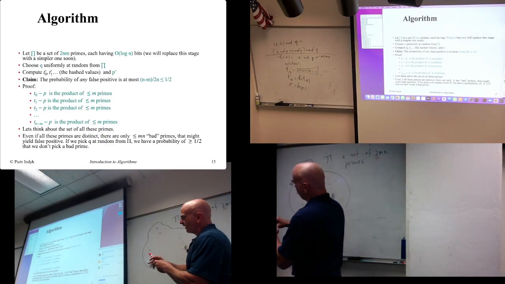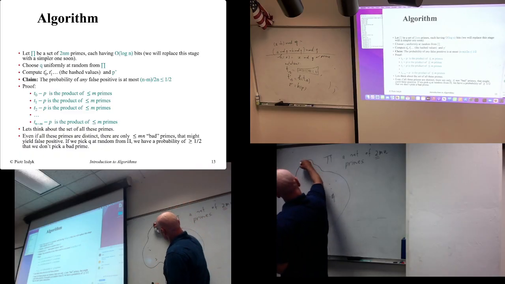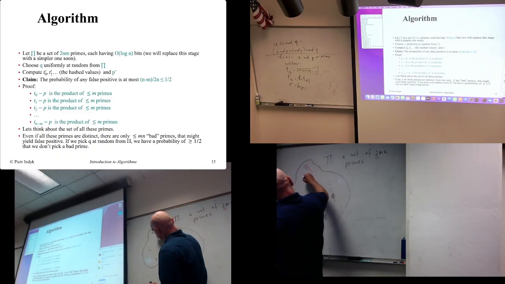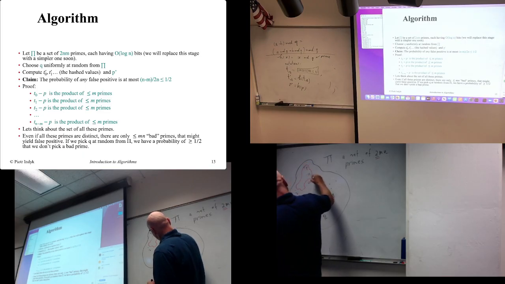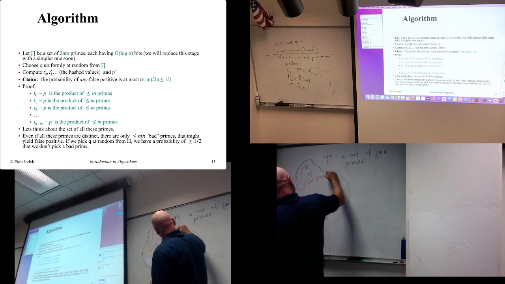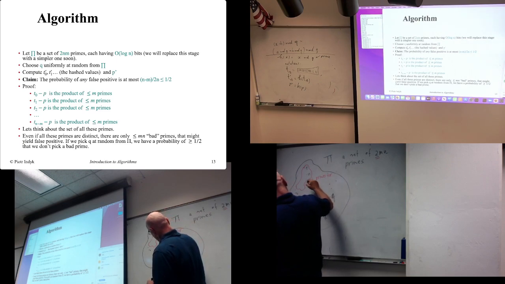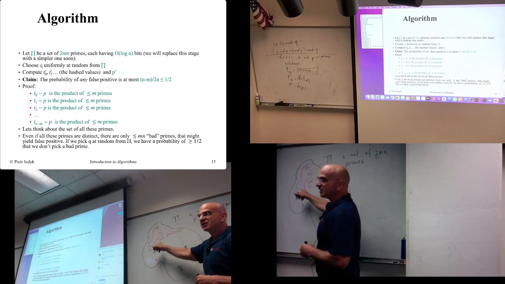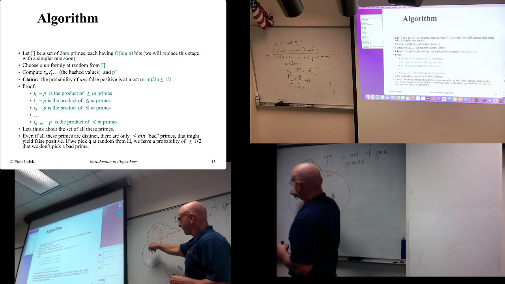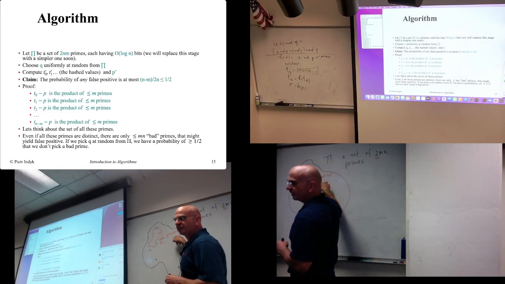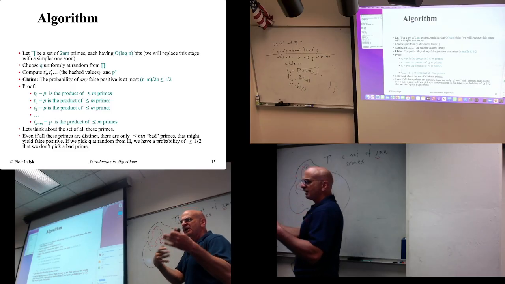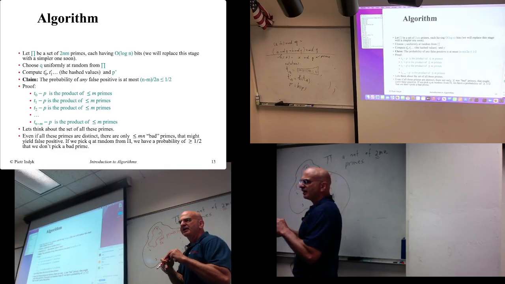So I'm looking at t of s minus 1, and I'll say here are the bad primes for t0. I just marked the primes that are bad primes for t0. See how, for the proof, I switched the rules.